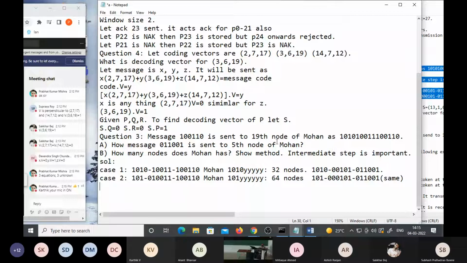Yes. Now, let us see what this is. There is 19 in this. There is 19 in this.